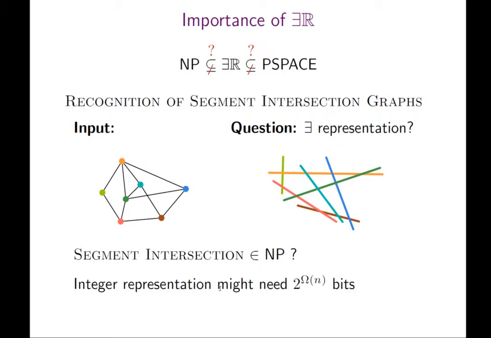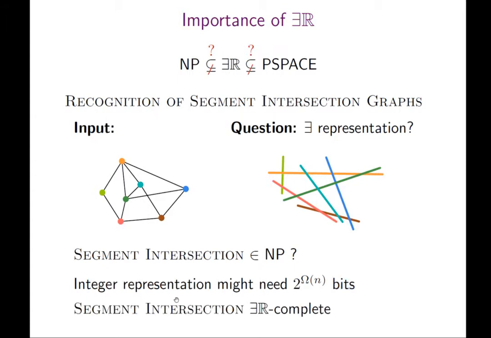We know that if we use an integer representation, there is a series of graphs which require an exponential number of bits. That means that the coordinates are double exponentially large in the size of the graph. So we cannot hope for this canonical, simple witness that we would first think of.